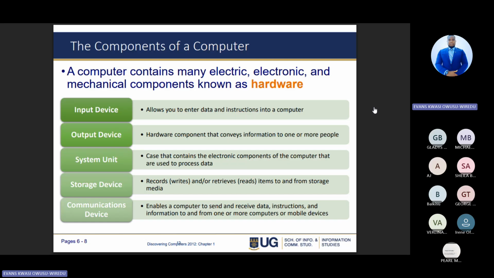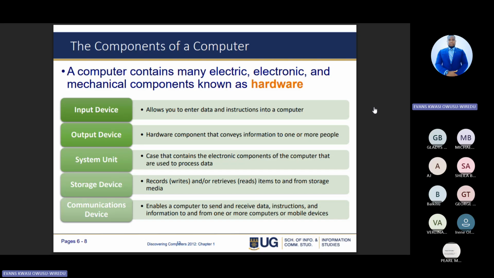Now, electronic is that part that has to do with the maintenance and distribution of instructions across the components of the computer, each part of the computer. So these are the components that have to do with the distribution of the instructions across the computer.